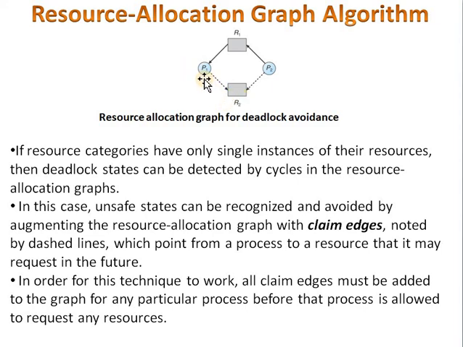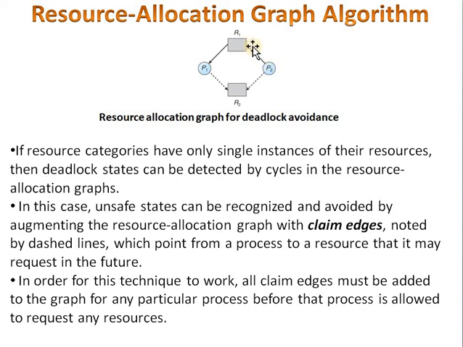Then what is a request edge? A request edge is also from the process to the resource. This is a solid arrow from a process to a resource. For example, if process P2 requires resource R1, then the request edge is formed.